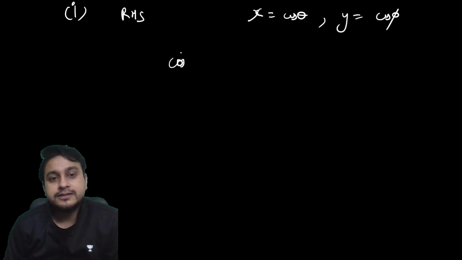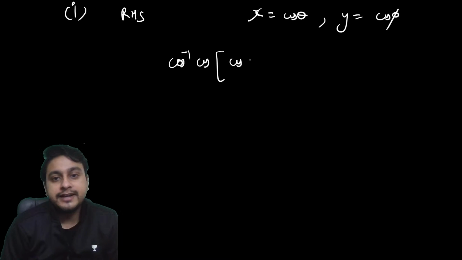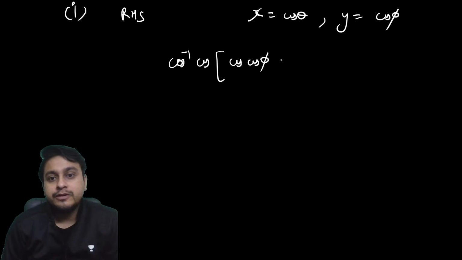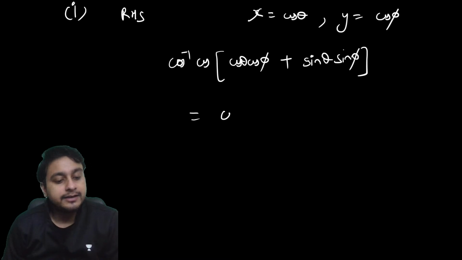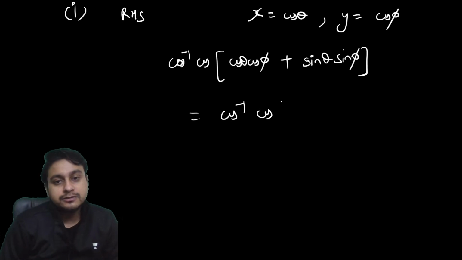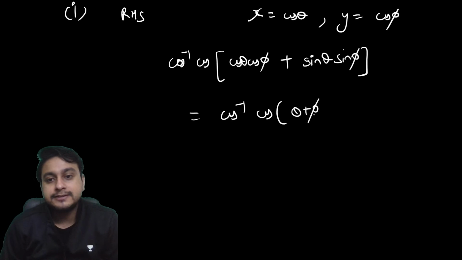So what will we get? Cos inverse of cos theta cos phi plus sin theta sin phi, right? Okay, so this is what we are getting. That is giving us cos inverse cos of theta minus phi.